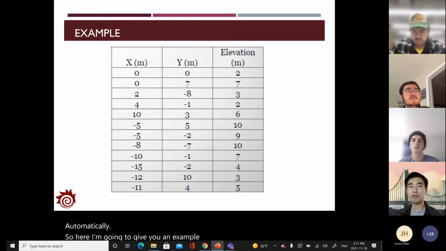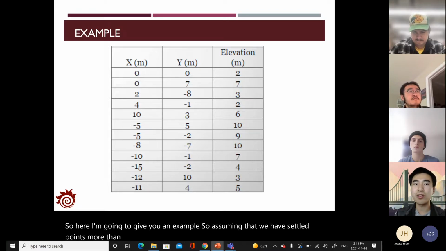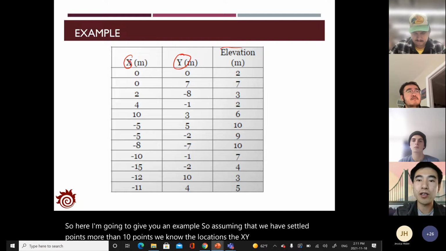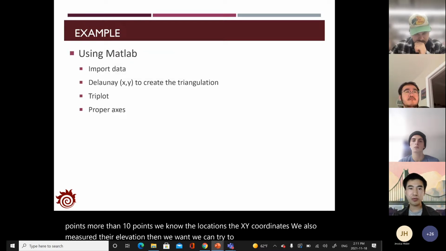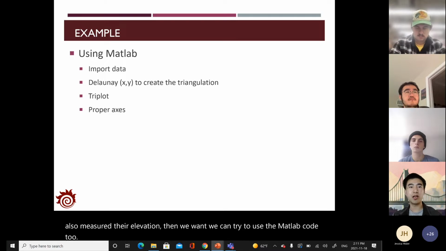Assuming that we have a set of more than 10 points, we know the locations, the X and Y coordinates. We also measure their elevation. Then we can use MATLAB code to create the topographic map.